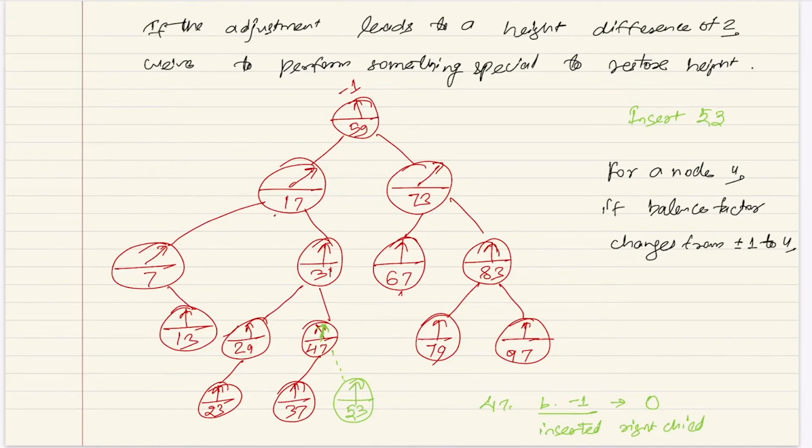Now, what can you say if for a node the balance factor changes from plus or minus 1 to 0? What should have happened? That means earlier it was imbalanced and now it has become balanced.